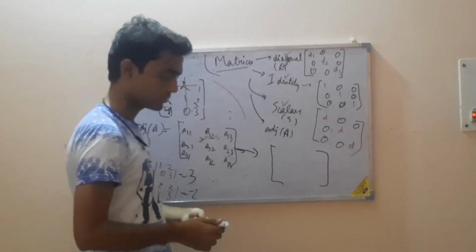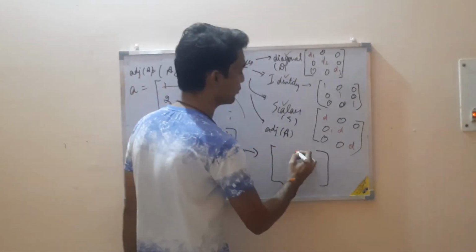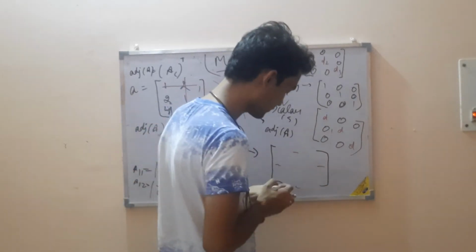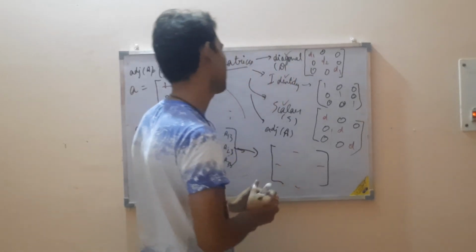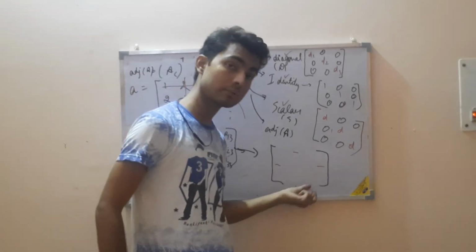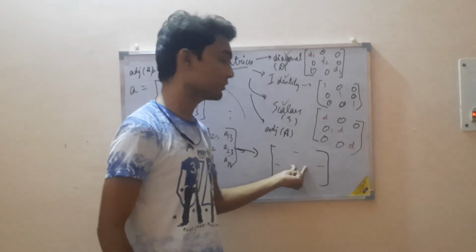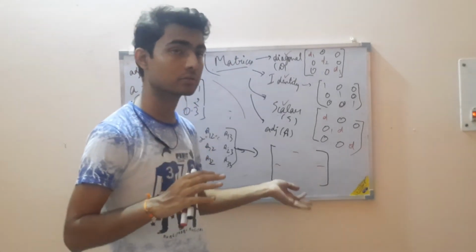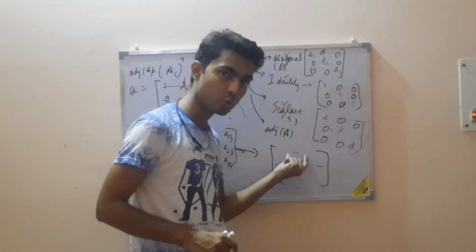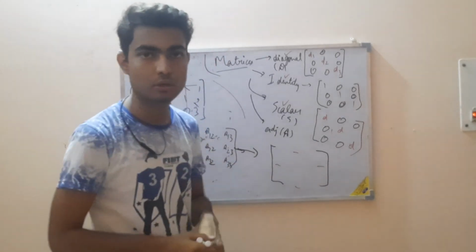In the same way, there is also a standard format to make it easy. We will put a negative sign at all the places in the new matrix where the sum of the row number and column number is odd.